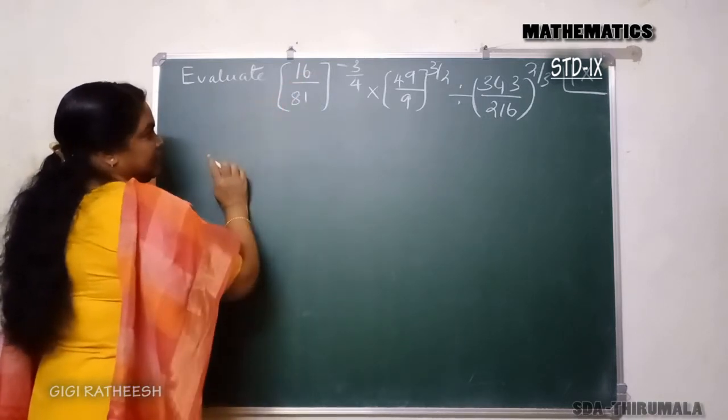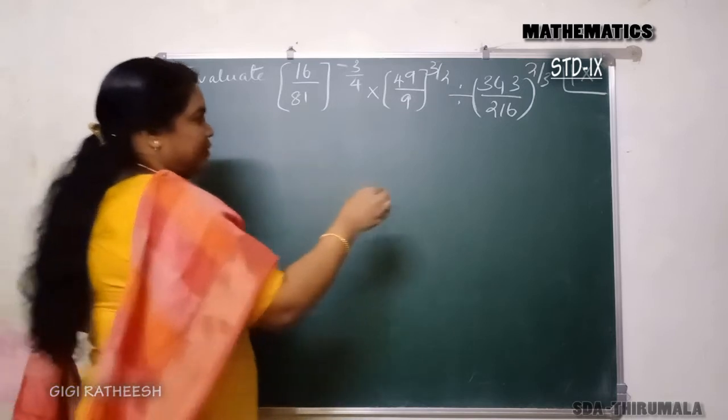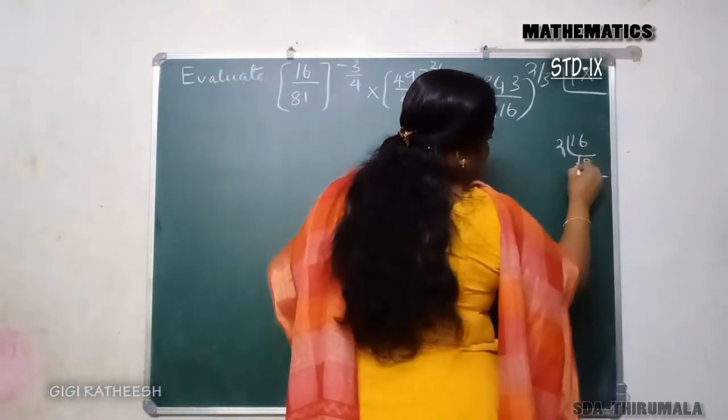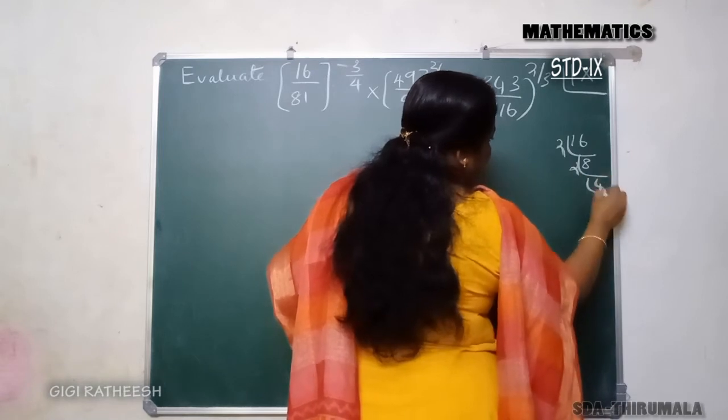First, we factorize with the prime factors. How can we factorize 16? 16 is 2 into 8, 2 into 4, 2 into 2.